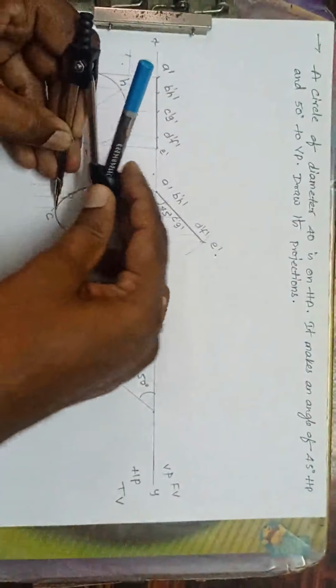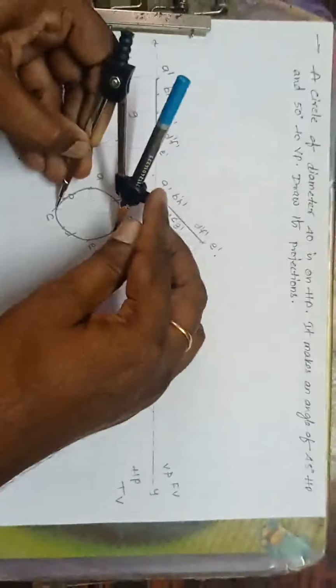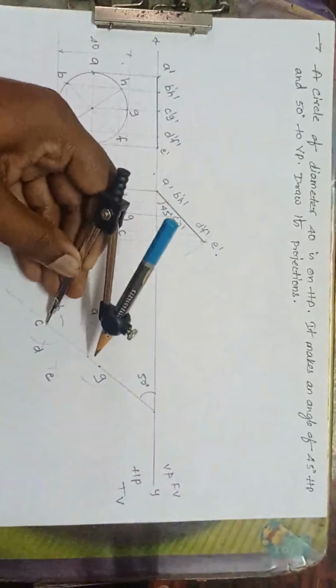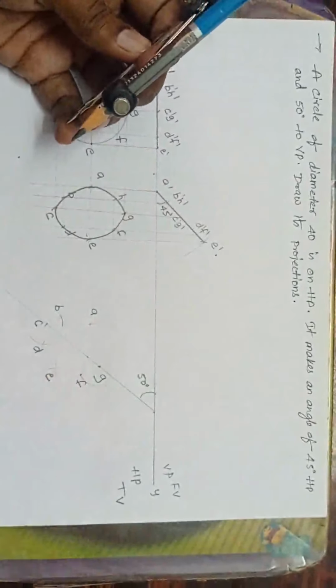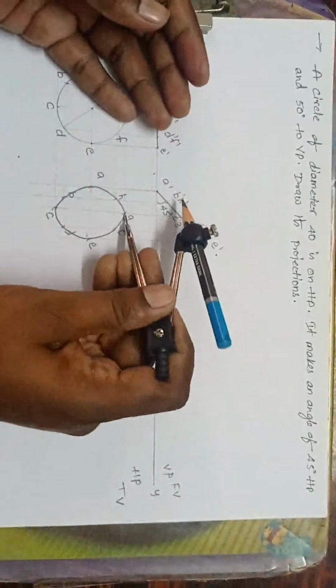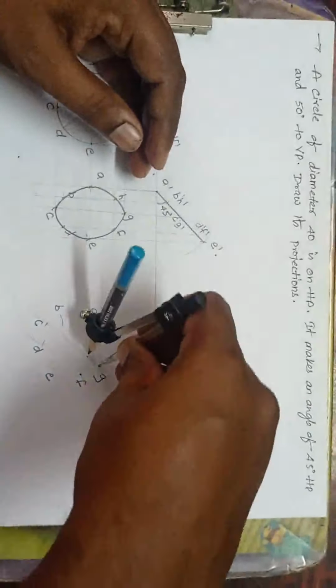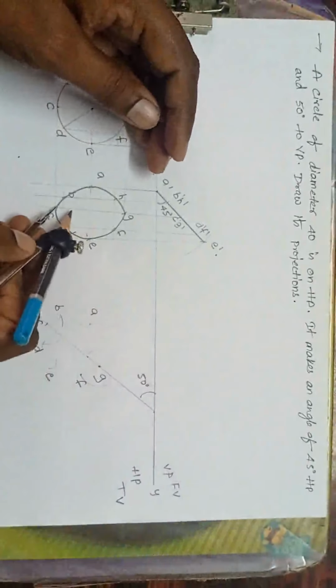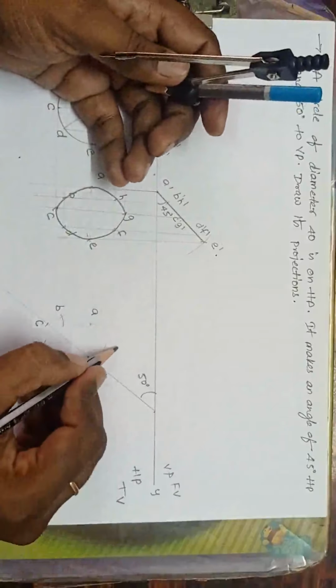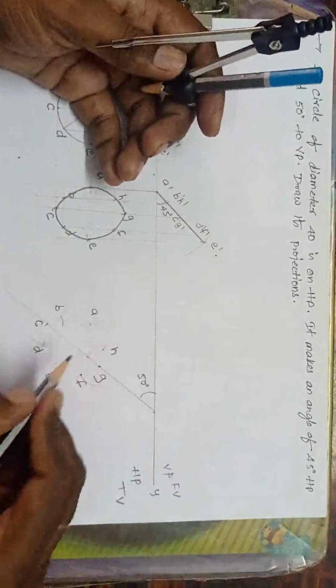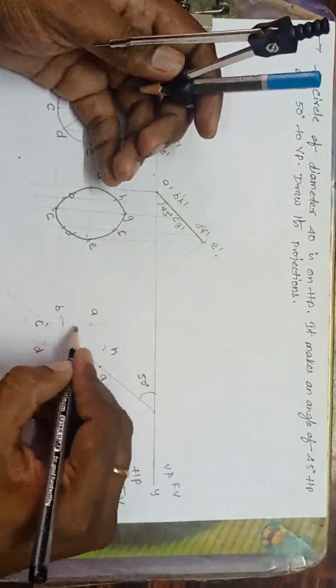Next, CF, C as center, cut here. I will get F. Next, take radius GH, G as center, draw an arc. Next, CH, C as center, cut here. I will get H. Yes, join all the points with free hand.